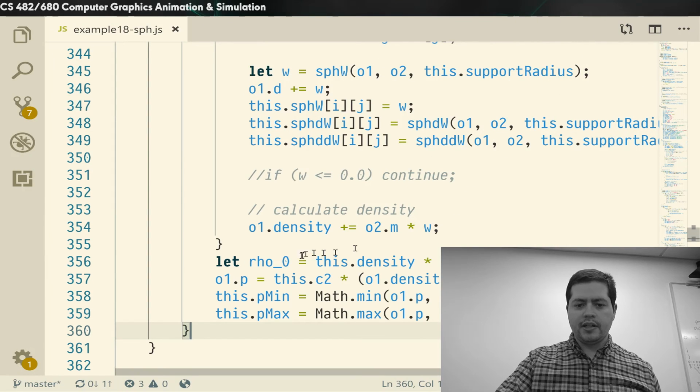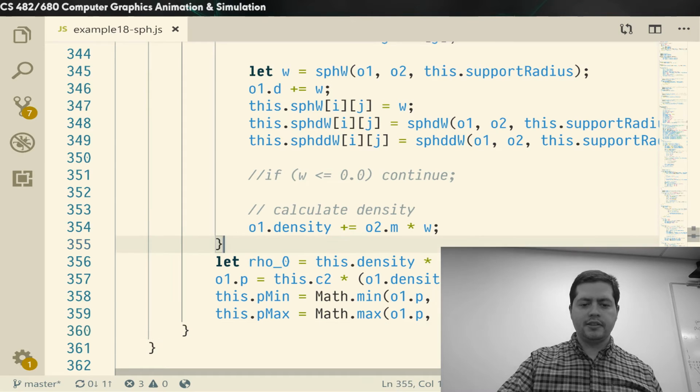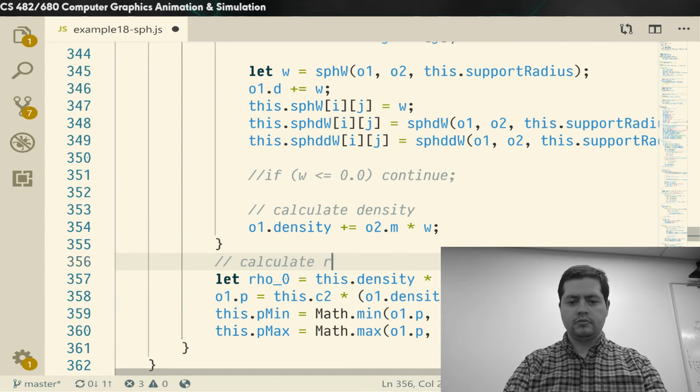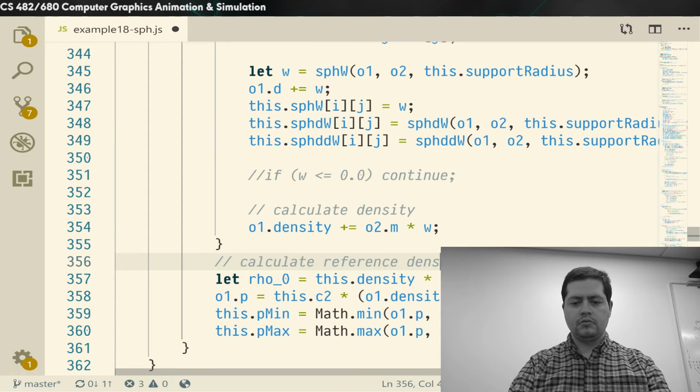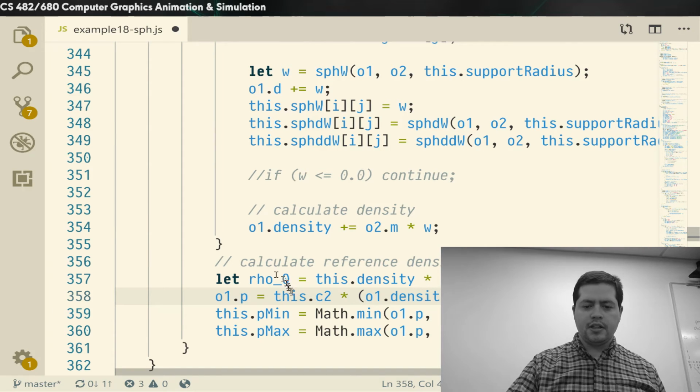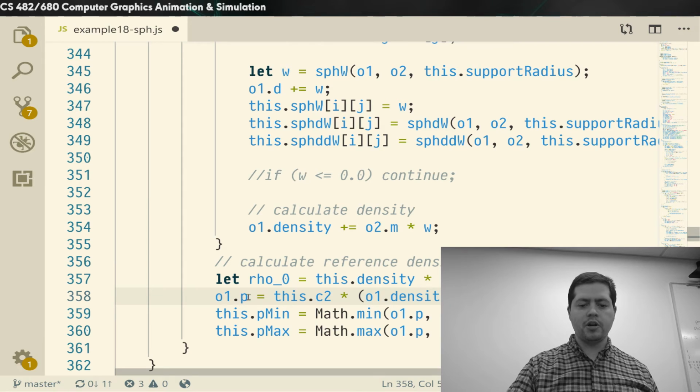So that's what we're doing there. We're calculating the reference density. And then we're doing C squared times the density of O1 minus rho naught. So that's exactly the same, and that's how we get our pressure.